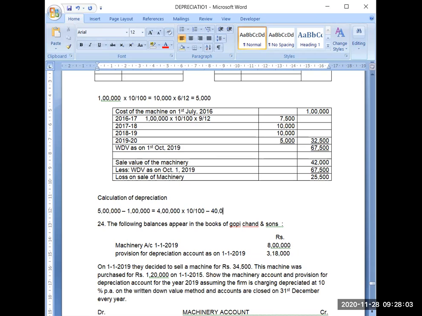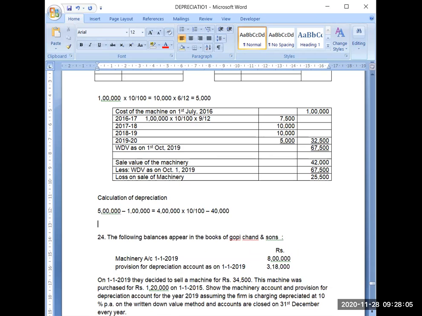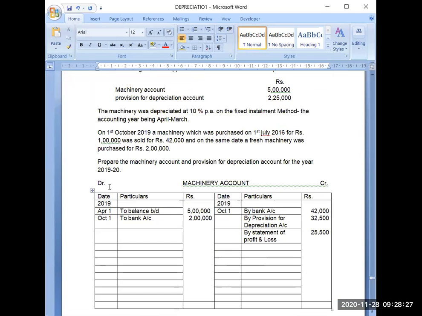So it will become 40,000. The next machinery is of rupees 2 lakh, multiplied by 10% and multiplied by 6 upon 12. So it will be 10,000. This all should be part of your working notes.